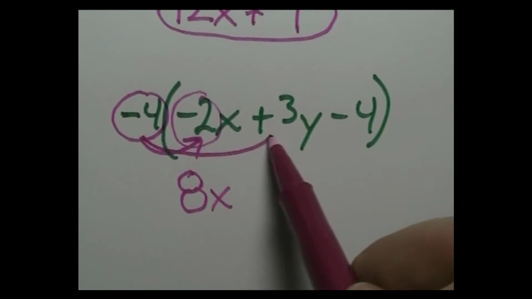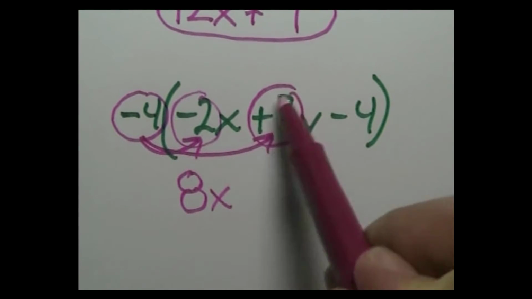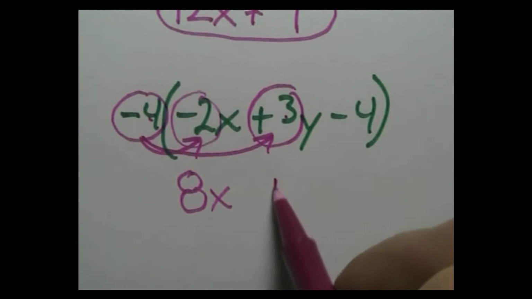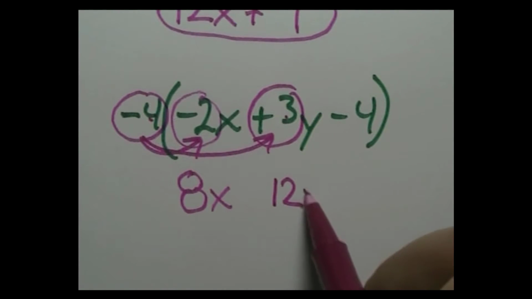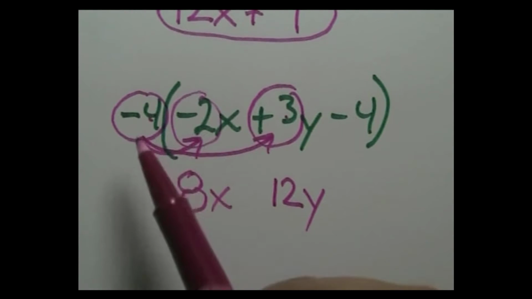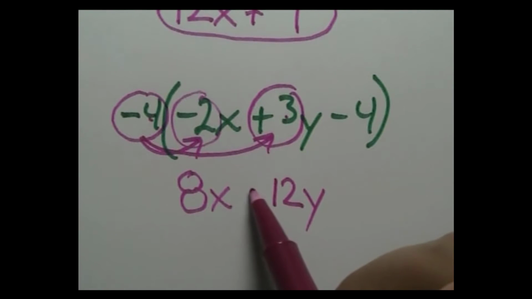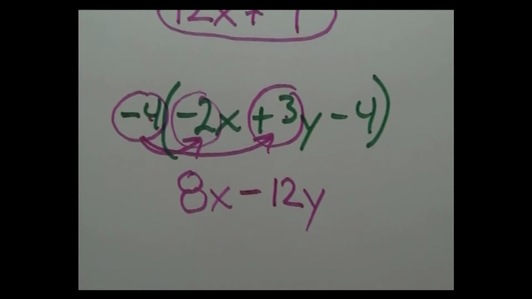I'll take negative 4 times positive 3y. 4 times 3 is 12. And there's a y. And notice there's one negative. I'm multiplying one negative, so it's minus. It's negative.